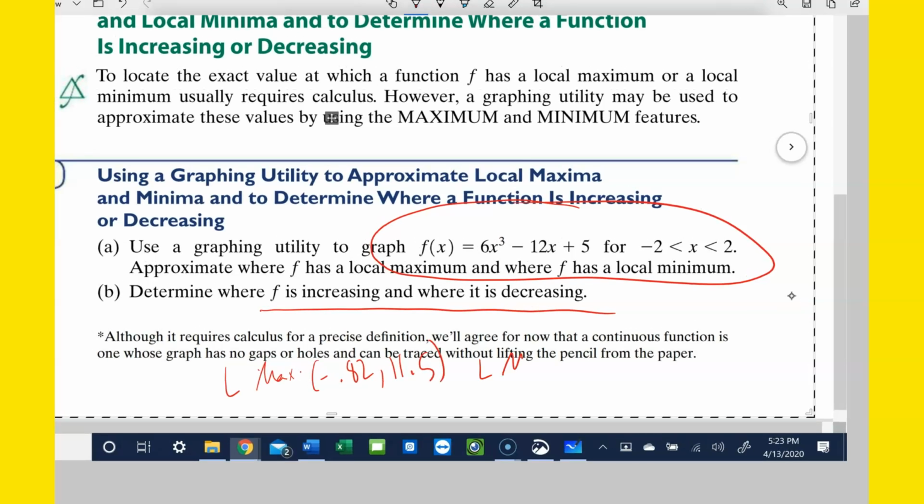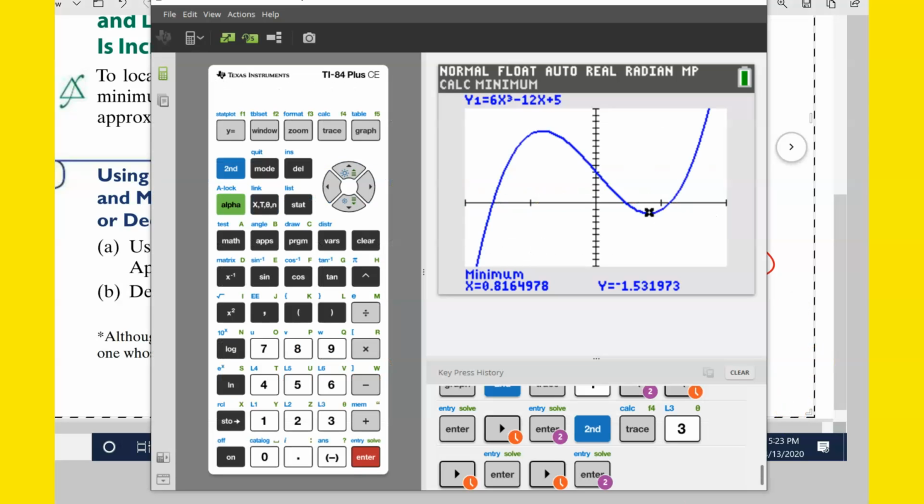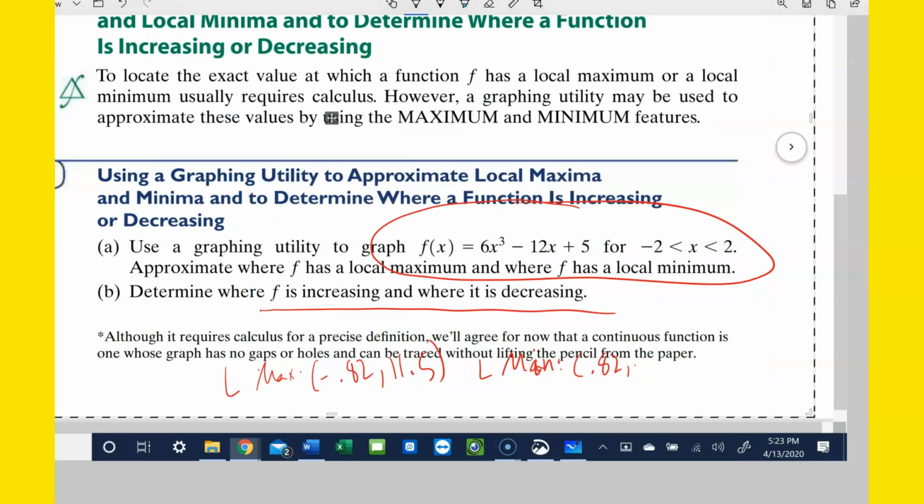Local min, sorry, 0.82, I can't remember what it was. -1.53, or just -1.5.